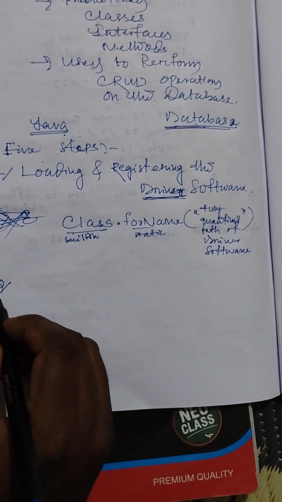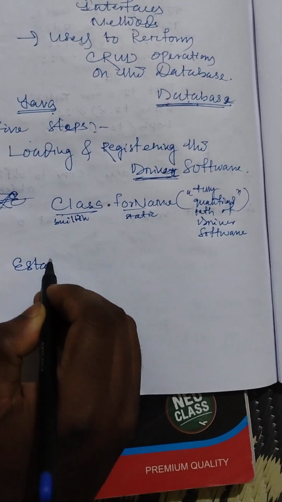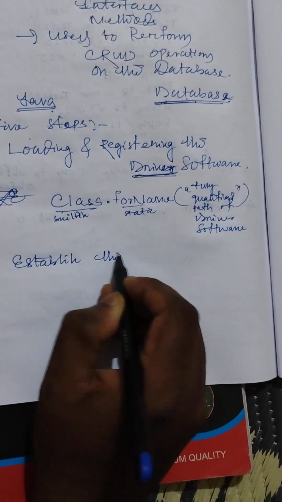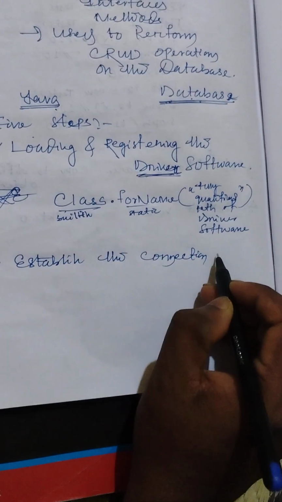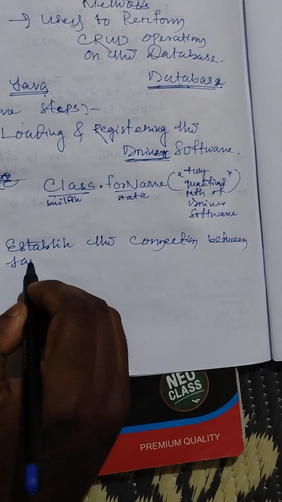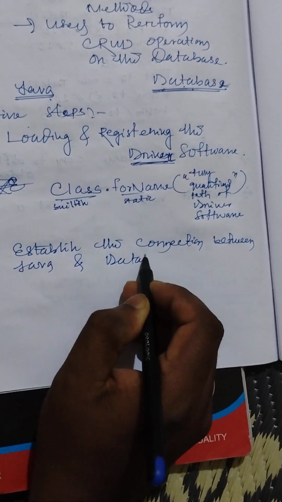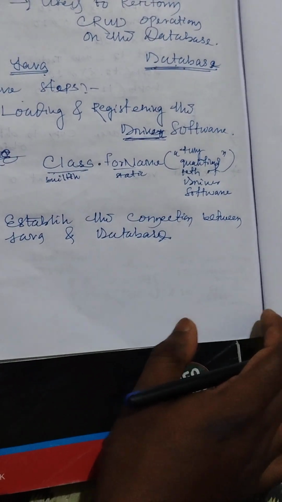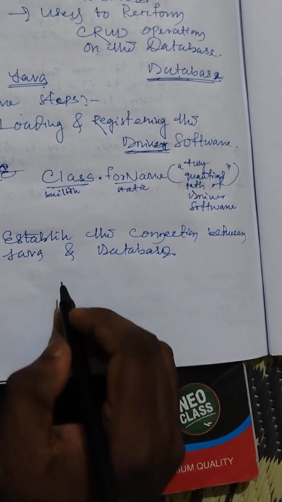So what is the second step? The second step is to establish the connection between Java and database. How can we do that?